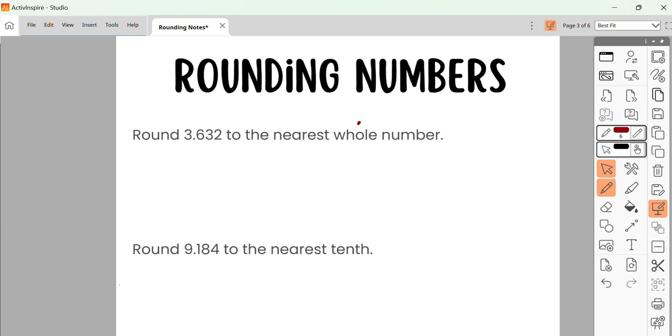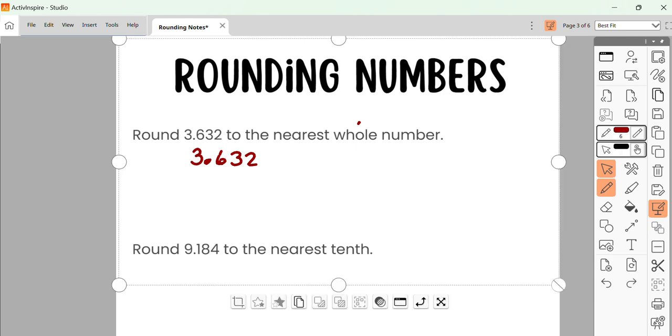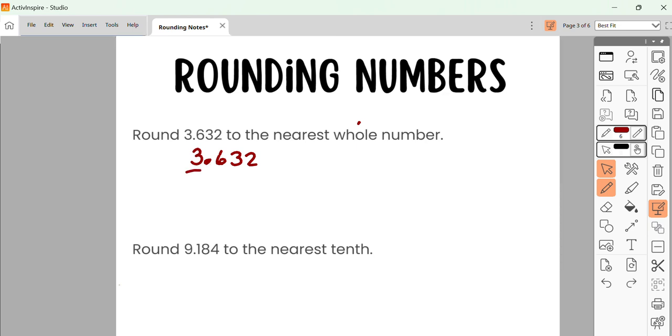Well, the nearest whole number is always the number to the left of the decimal. So to start working, I'm going to go ahead and rewrite that. 3.632. Since it mentioned the whole number, we're going to underline the whole number.